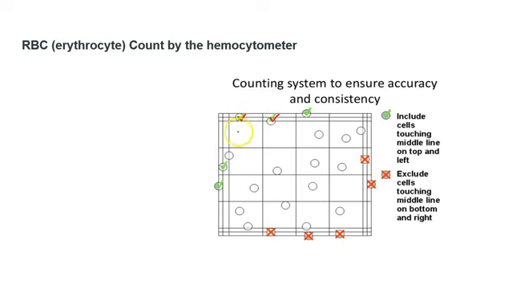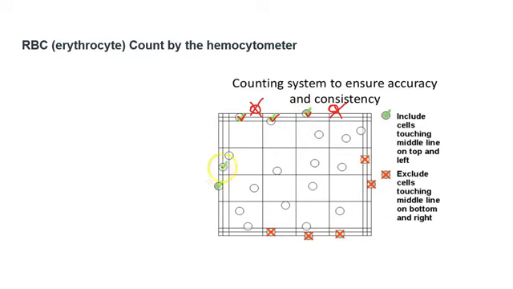They are touching the midline. This one is touching the midline and also touching the third line, which is okay. We are going to count this, but if the cell is found on the other side, touching the third line on the other side, we are not going to count them, okay? But if they are still on this side, we are going to count them. Actually, if half of them are found on this side, we are going to count them.